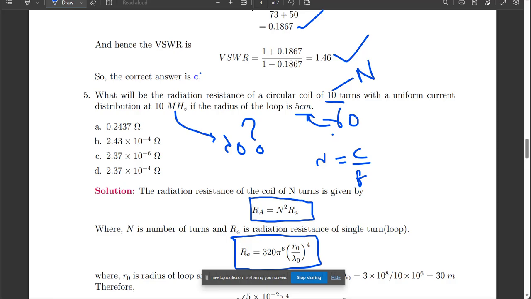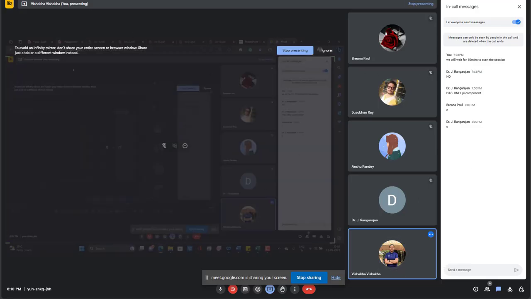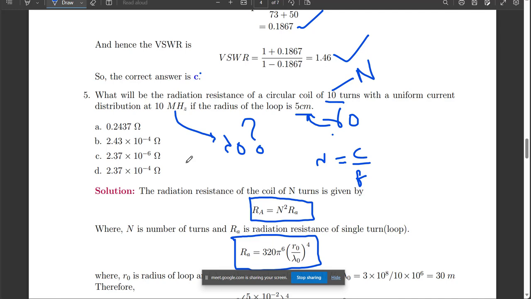Anyone got the answer? Do it fast. I'm giving you 2 more minutes. Solve it fast. Ma'am, option D. Okay. What about others?